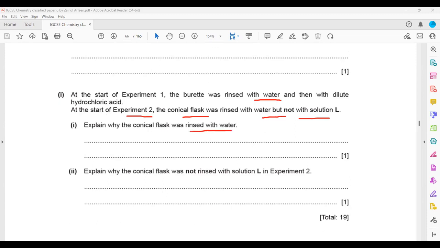What is the reason why we rinse with water? To remove impurities, to clean, to remove any residue from experiment 1. And why was the conical flask not rinsed with solution L in experiment 2? Both times we rinse with water.